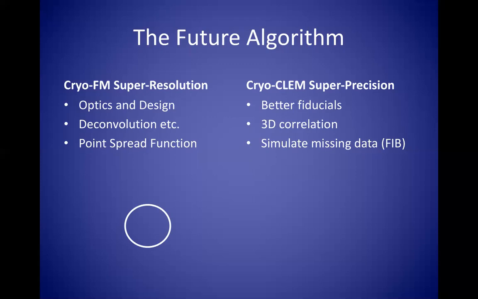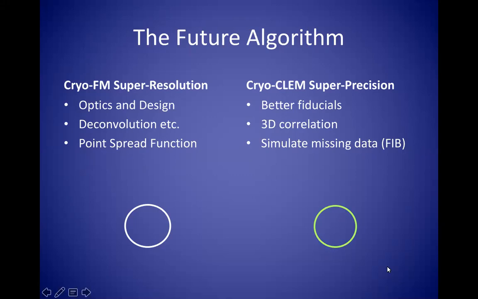So if we think about how these two sides of the same coin go together, in the super resolution, this is our point spread function, and we're trying to find the fluorophore inside of it. So we're trying to make the point spread function as small as possible and the accuracy of predicting its center as high as possible. On the precision side of the CLEM, we are basically trying to decrease our search radius.